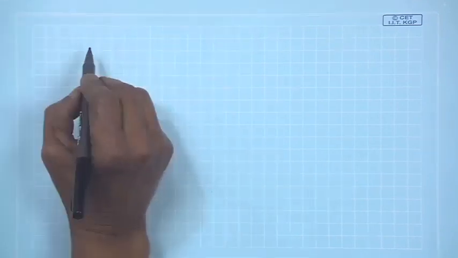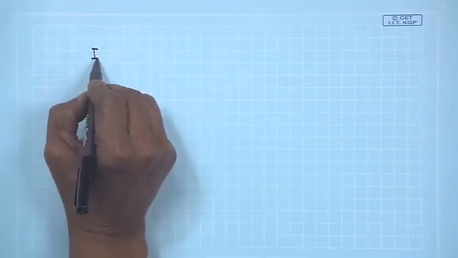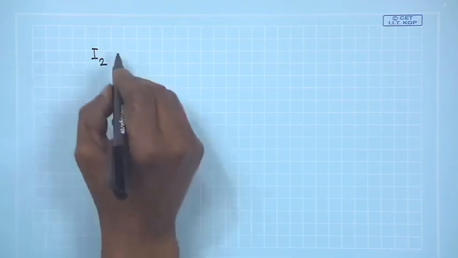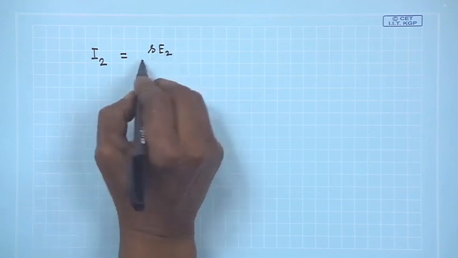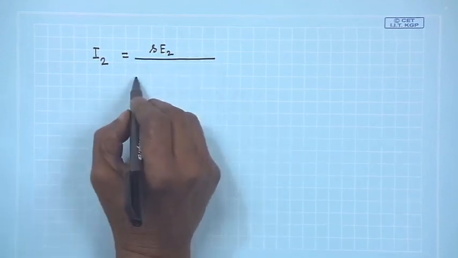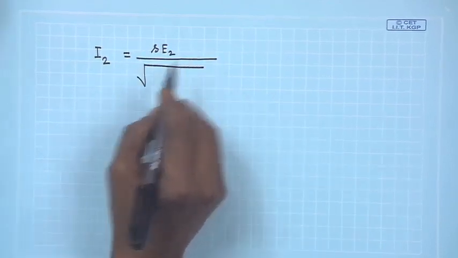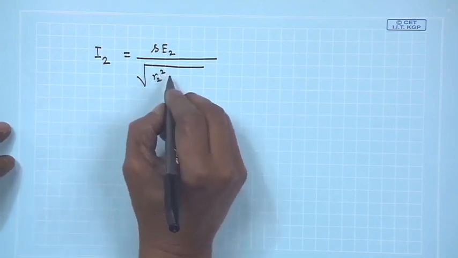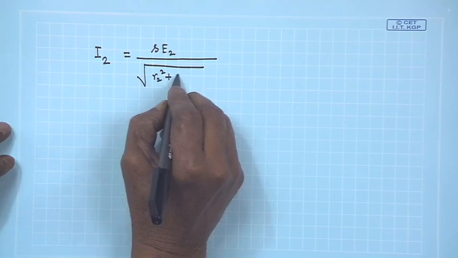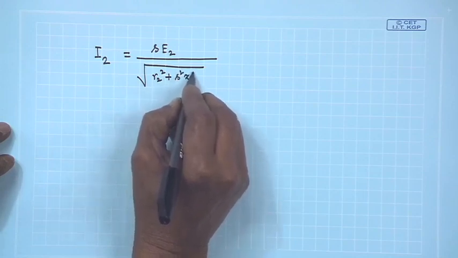Now, this I 2 is equal to S E 2 divided by the square root of impedance, that is R 2 square plus S square X 2 square.